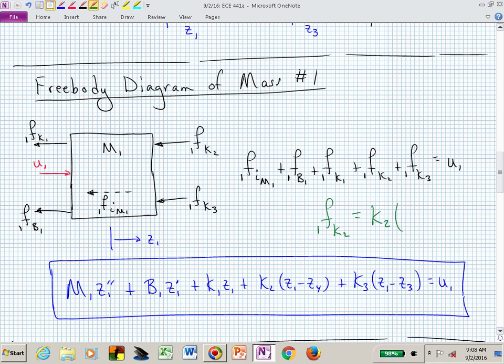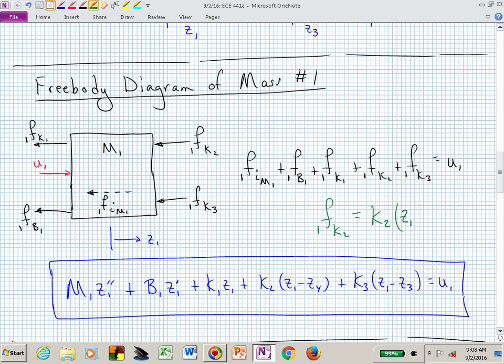For example, if I fixed W4 virtually, and now I move the mass Z1 in the Z1 direction, do I obtain a force going to the left that's proportional to K sub 2 times what? Times that particular position that I've moved, which was Z1.